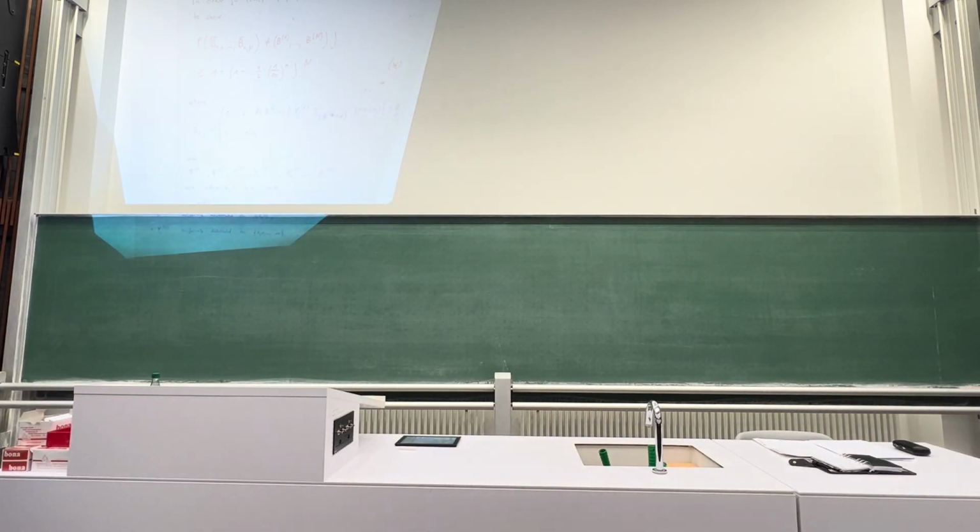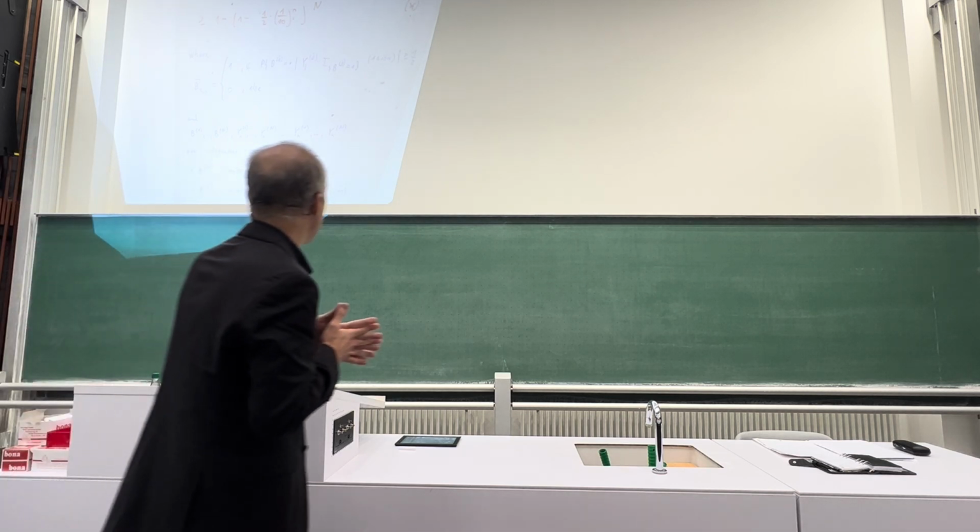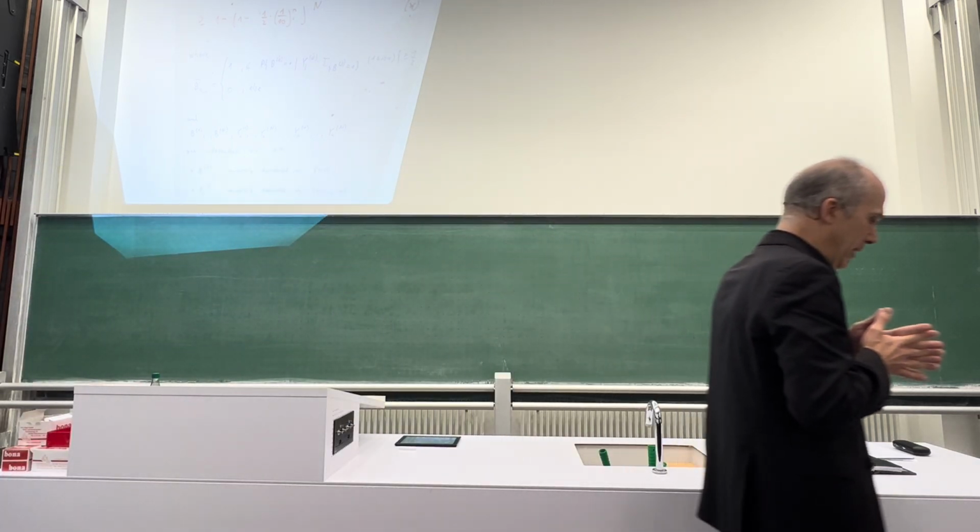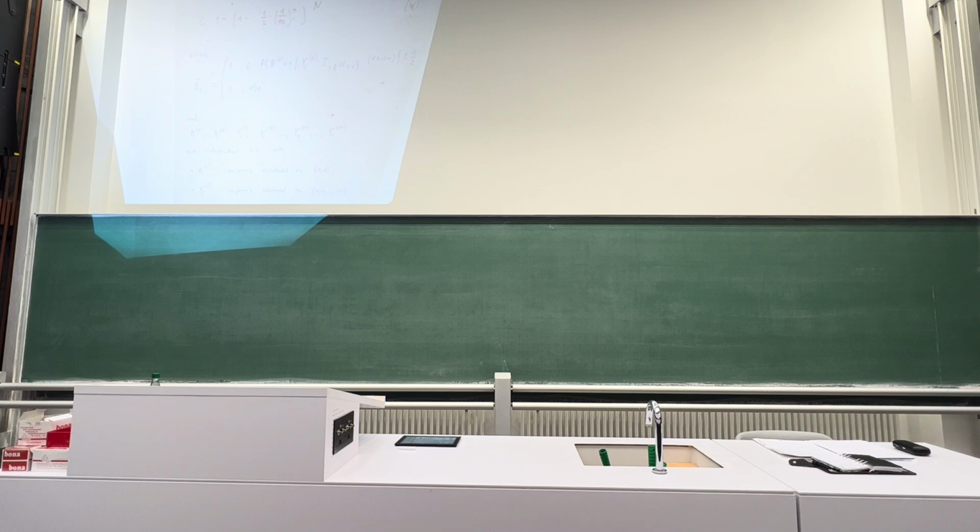It's not the interval from 0 to 10, it's from 0 to 9, uniformly distributed random variables, times the indicator that bj is 1.